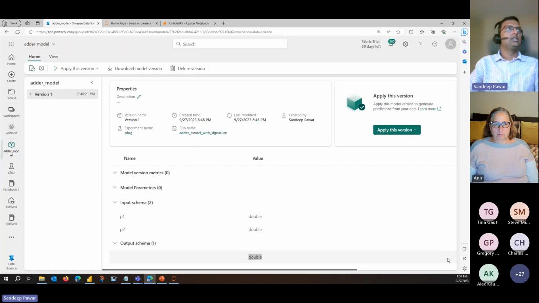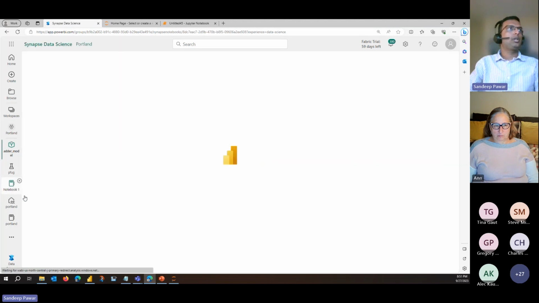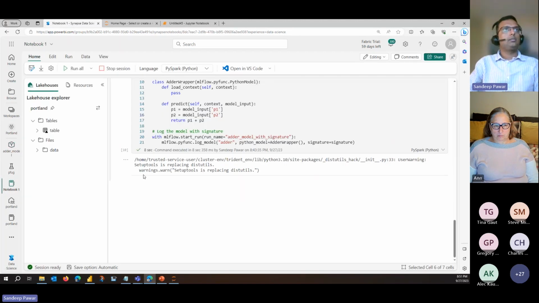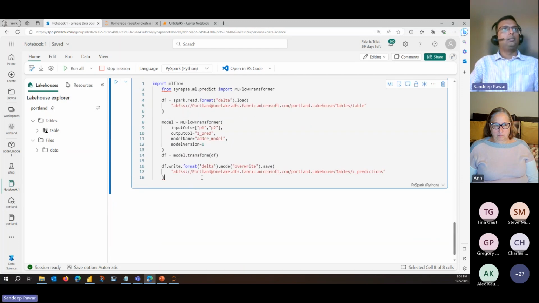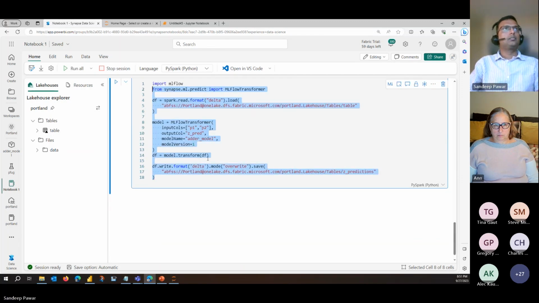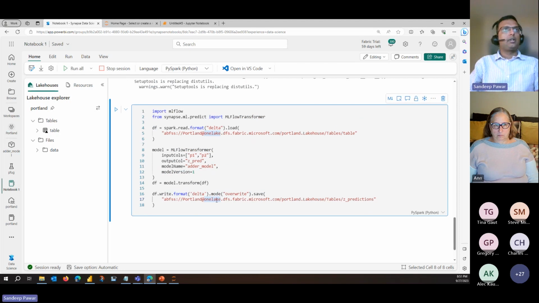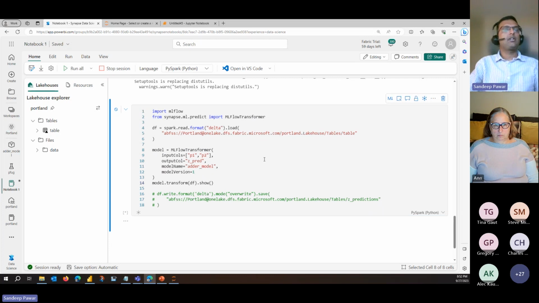I'll copy this and I'll go back to my notebook here and I'll say model.transform. I'm not going to save anything, so let me cancel that out. And then this portion, I'll just say show so that we can see the output, and I'll just run this.